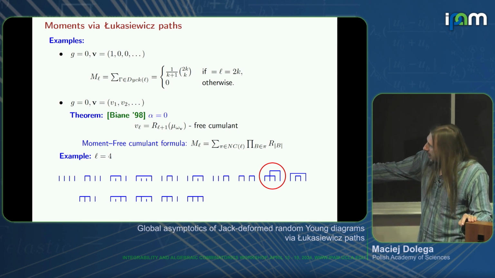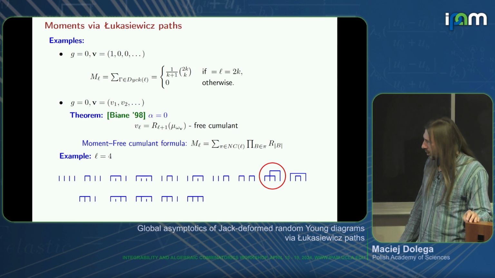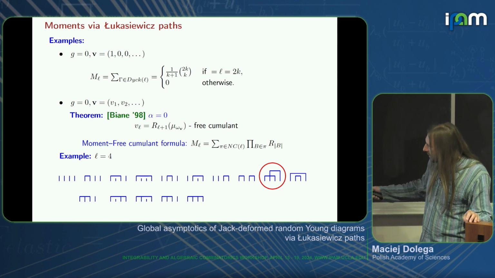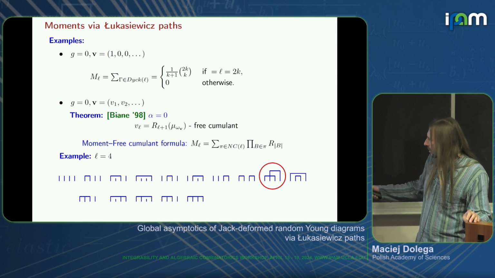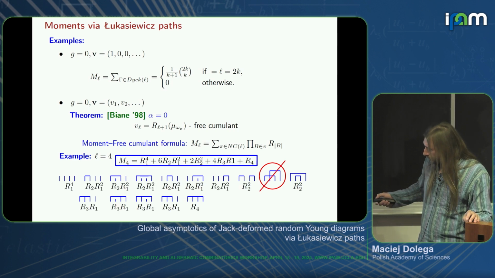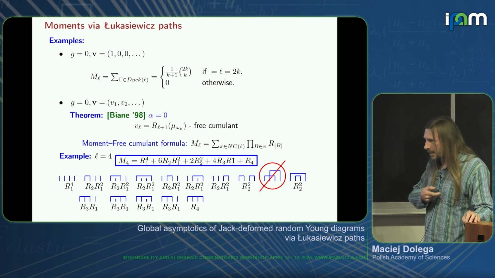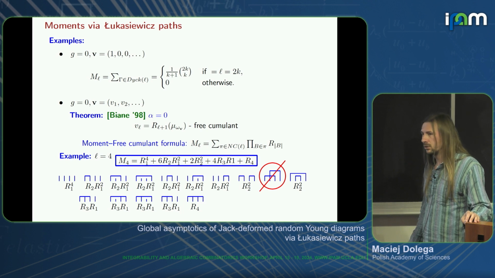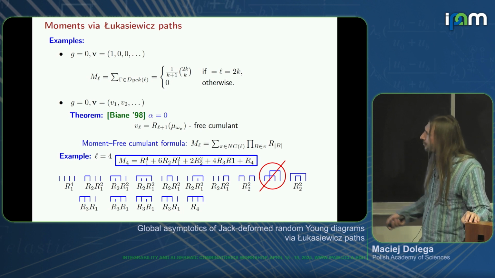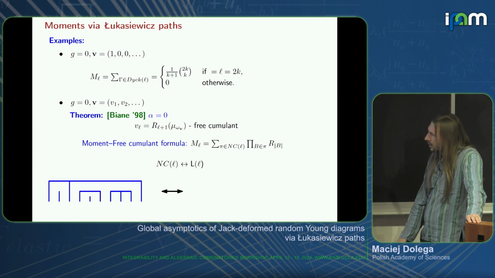So here, for instance, I draw all the partitions of size 4, and there's only one which is crossing, so we don't count this. And then for each block, we just put R indexed by the size of this block. And you sum over all non-crossing partitions. So this is a formula that tells you that the moment can be expressed in terms of free cumulants.